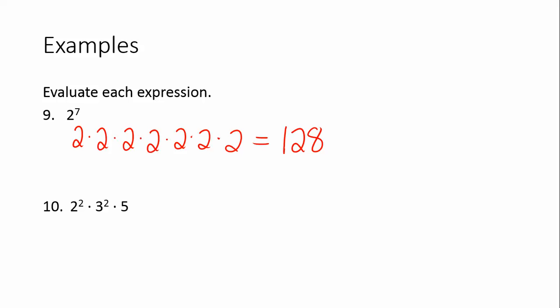Essentially, you're doubling every time. Number 10, we have to take care of the exponents before we can do the multiplication, so this becomes 4 times 9 times 5. 4 times 9 is 36. 36 times 5 is 180.